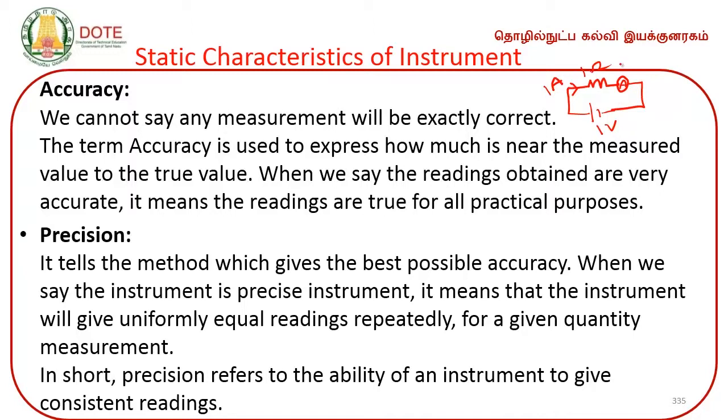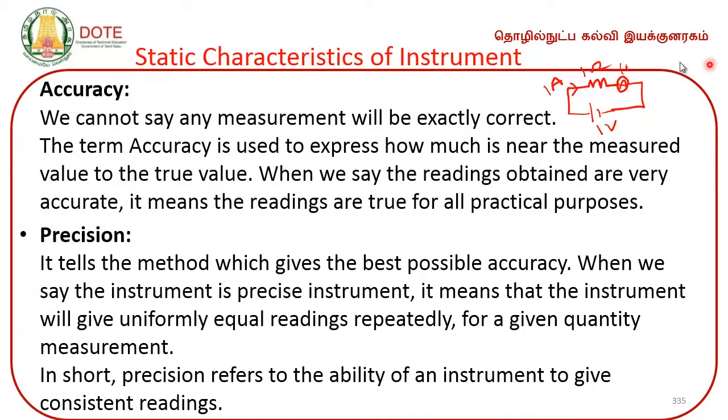So, I am connecting the ammeter, right, to measure the current. Now, the true value is 1 ampere. I know the current must flow here, the true value of the current is 1 ampere, but I am using the instrument to measure the current. The value I read from the instrument is called the measured value, right.